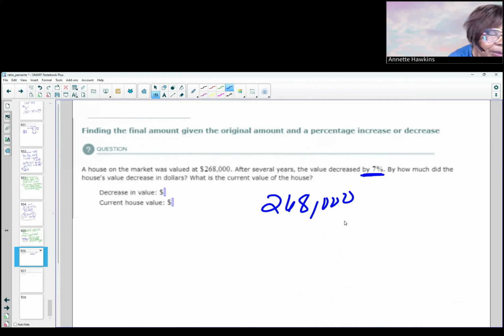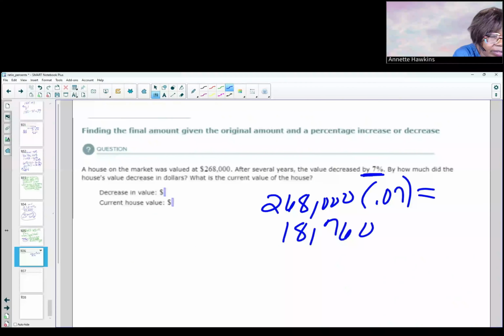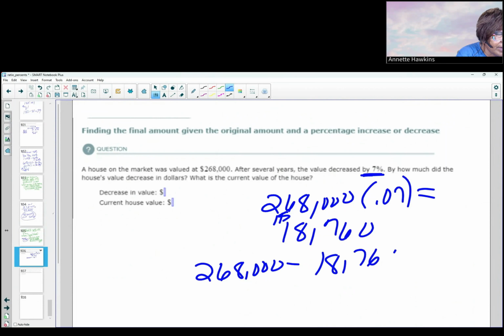Okay. Now I'm going to do it two ways. I'm going to take 7% of this. So 7% of that is $18,760. Okay. And so 268,000 minus 18,760. So it decreased by that amount.